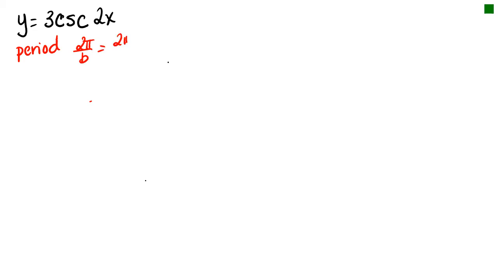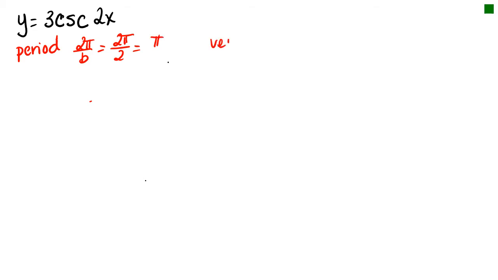Our next example is going to be a cosecant, which again is our reciprocal of sine. Our period is going to be 2 pi over b, which is 2 pi over 2, which is just pi.